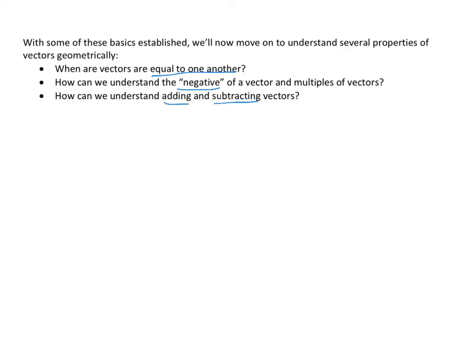When we introduce a new mathematical object like a vector, we begin asking those same questions. When are vectors equal to one another? What does the negative of a vector mean? What does a multiple of a vector mean? How do we think about adding and subtracting these new mathematical objects? So that's really where we're going to be going next. This whole video is going to be about what operations we can do with vectors, not using numbers, but thinking about it geometrically as distances, as displacements, as magnitudes.